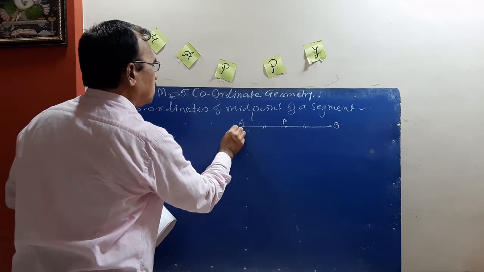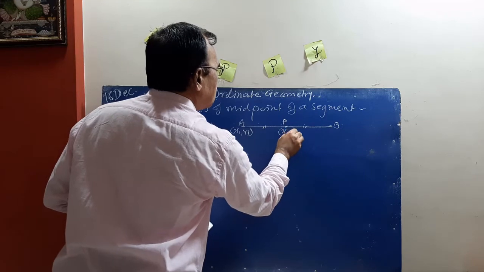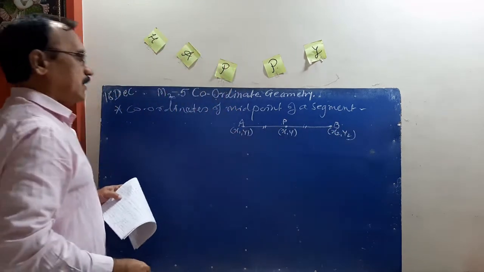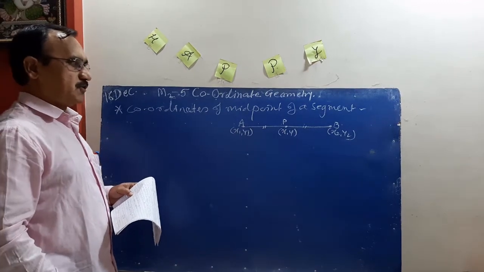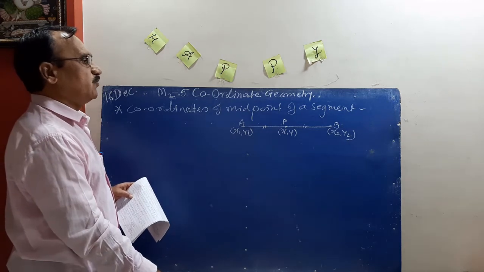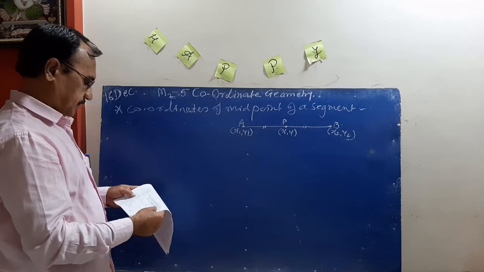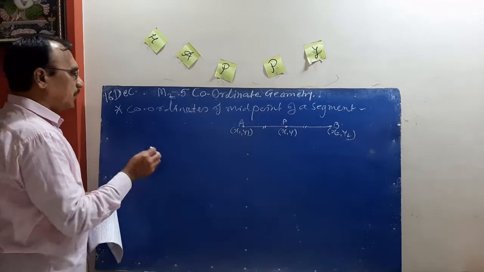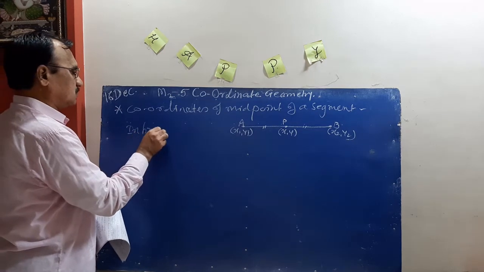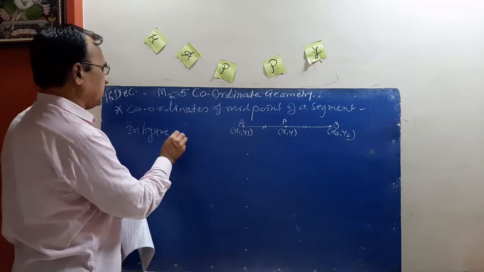Point A has coordinates x1, y1 and B has x2, y2. If the endpoints of segment AB have coordinates x1, y1 and x2, y2, then we have to find the coordinates of the midpoint, that is P, x, y. In the figure, point P, x, y is the midpoint of segment AB.